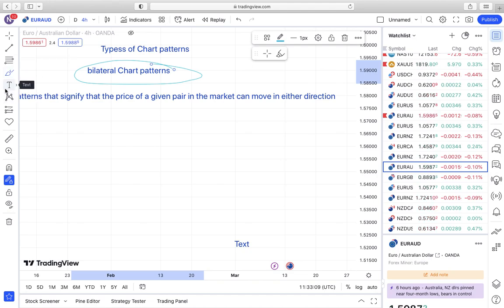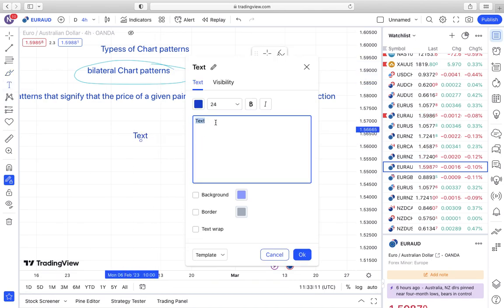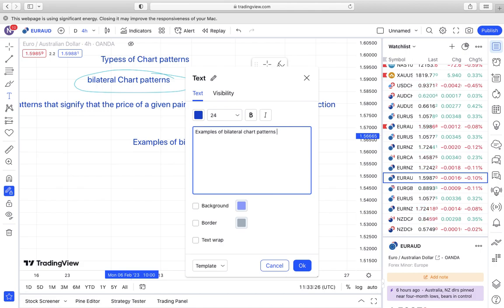We have types, or examples, of bilateral chart patterns. We have the subcategories of bilateral chart patterns.